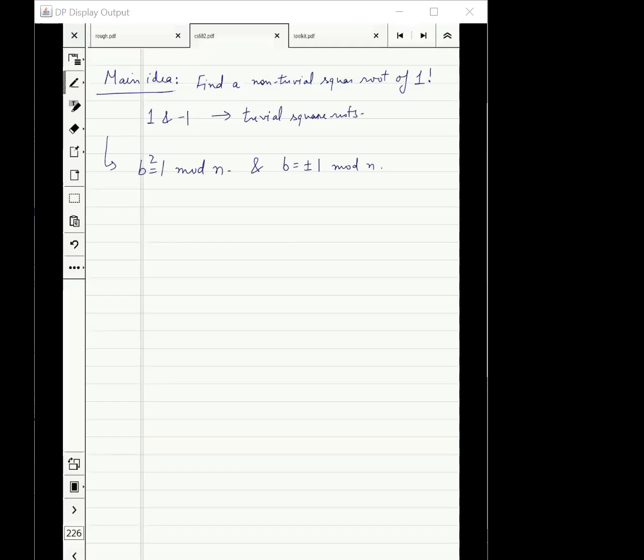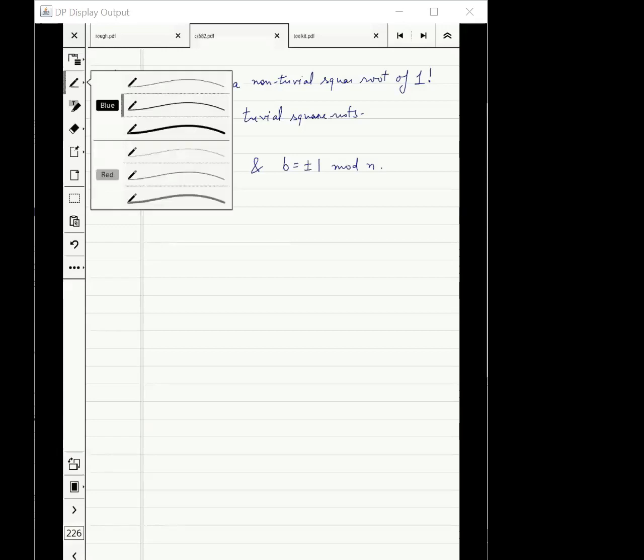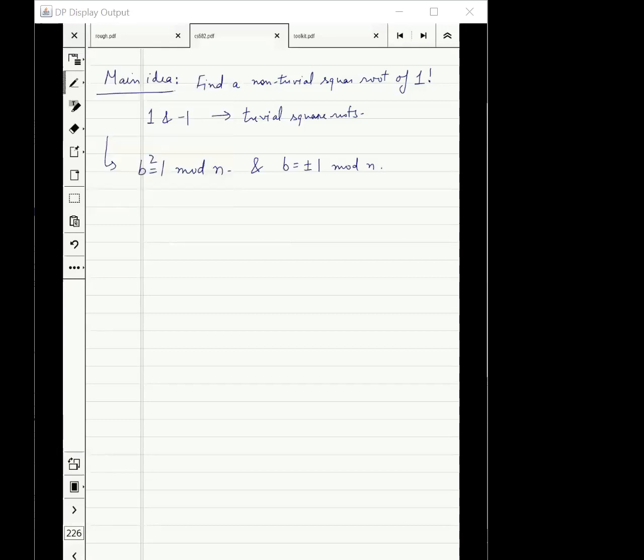Do you see that? Taking GCD with b plus 1. Very nice. If there exists a b which satisfies this, then we can solve factorization.